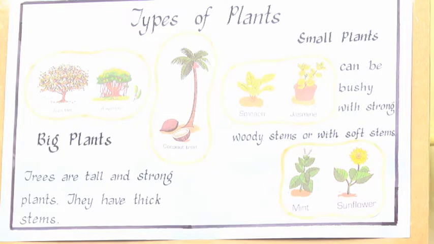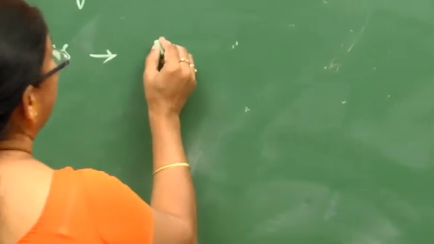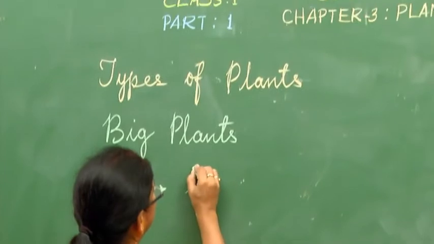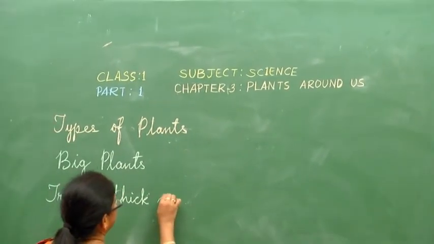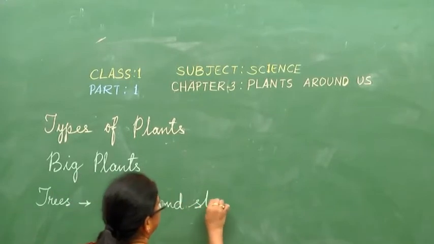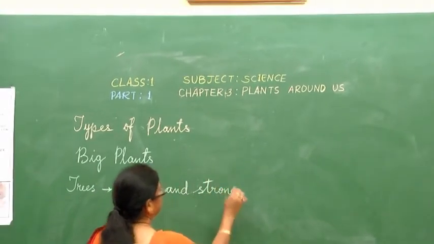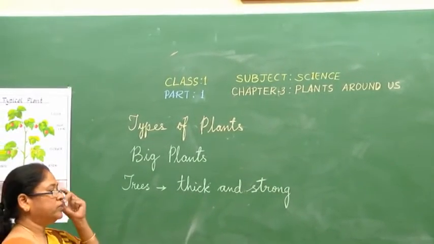Which are the big plants, children? Trees. We can make out the trees from the stems. They have thick, strong, woody stems.